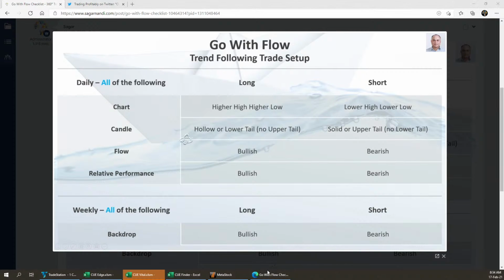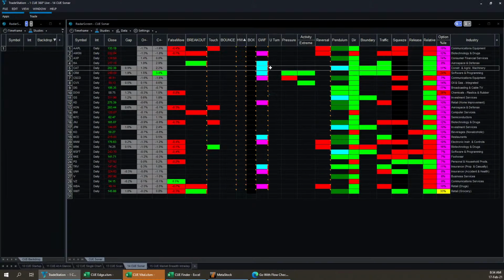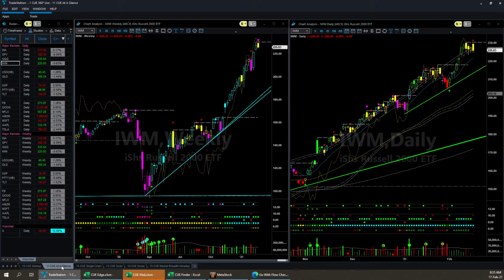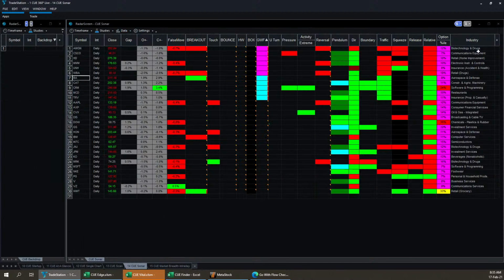So what Q traders I used to do is just look at the stocks giving go with flow trend following long setup. Let's say Boeing, BA. Link the symbol.